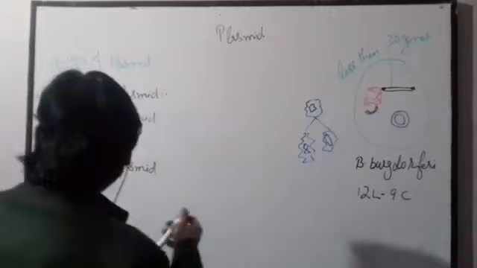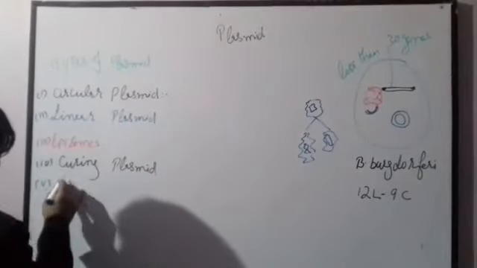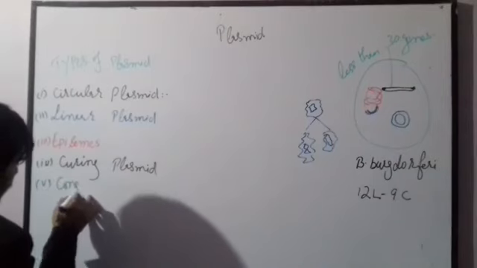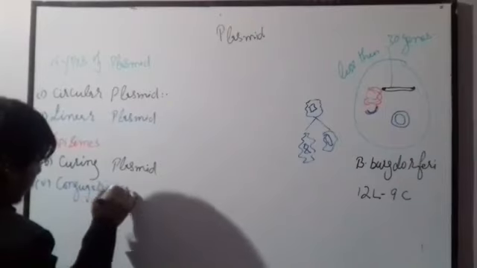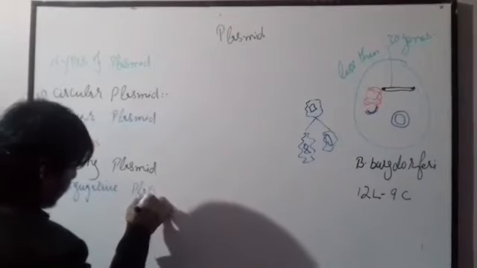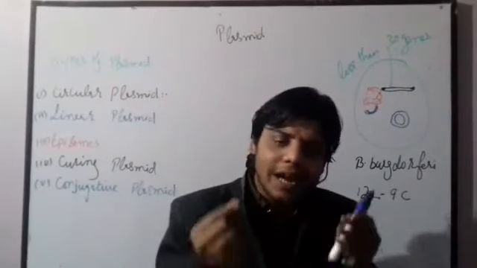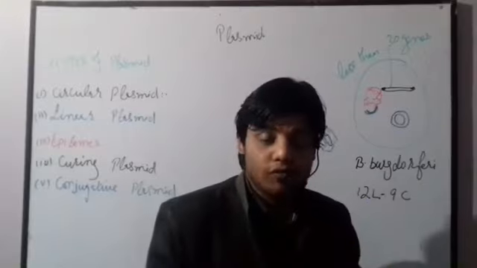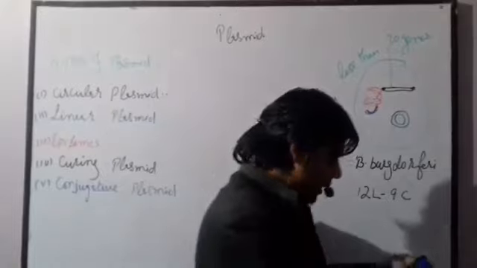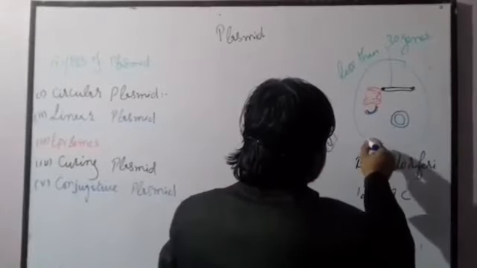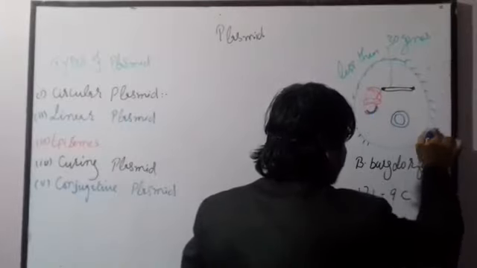Okay, then after that we have another plasmid, and that's the conjugative plasmid. Now, conjugative plasmid, as the name suggests, is that plasmid which has special kinds of genes that produce a special kind of hair-like structure. So let's suppose these are the hair-like structures.